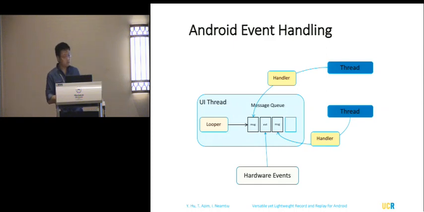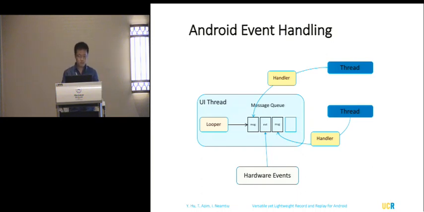So this is an example model of the Android event-driven system. In order to process events, there's a model called a looper, and the UI thread is actually a looper thread. What the looper does is run a big loop trying to fetch a message from the message queue if any message is available.